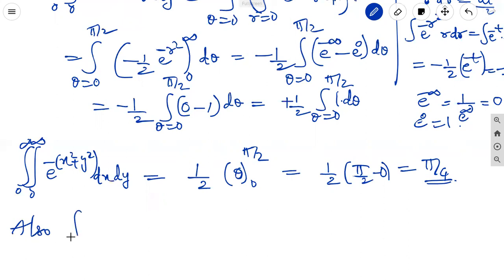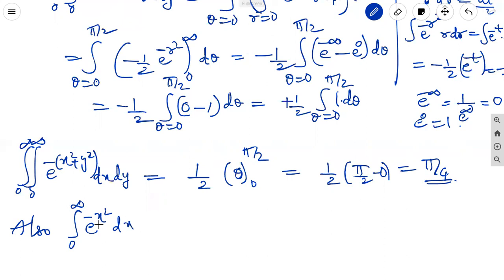Now, also, we can show that integral 0 to infinity e power minus x square dx is equal to root pi by 2.